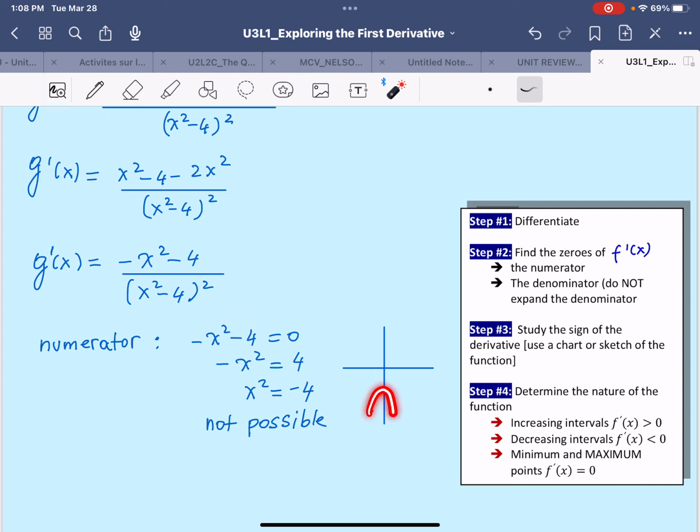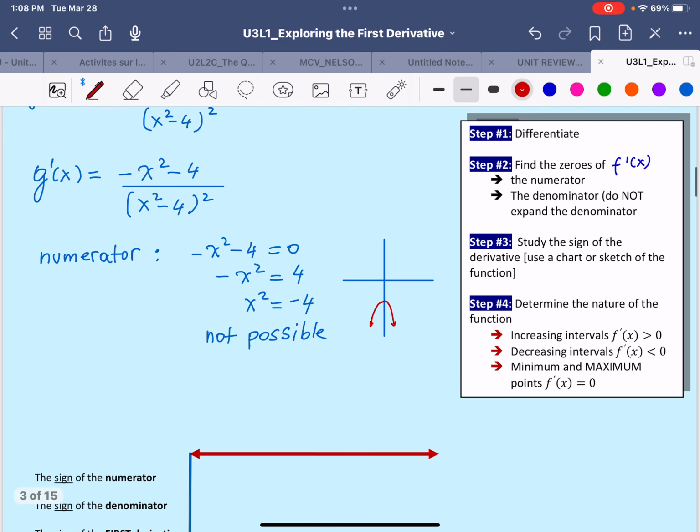Based on the location of the graph, which is all below the x-axis, the y values of this expression are all negative, which tells us that negative x squared minus 4 will be negative from negative infinity to positive infinity, so for any real number x.